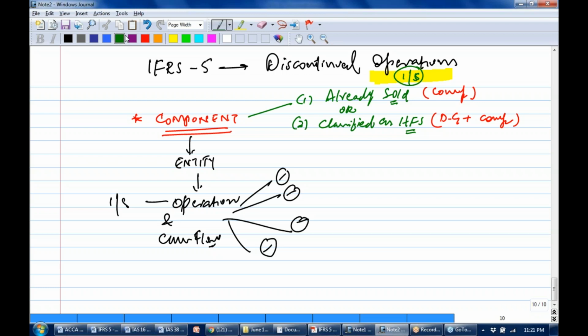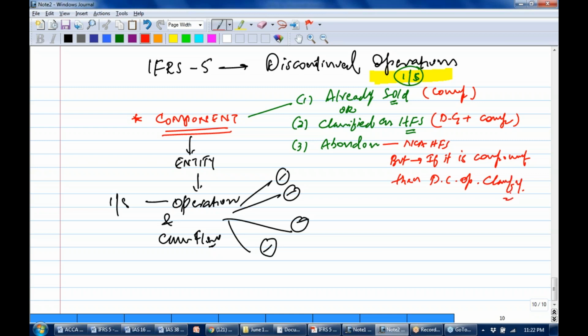And do remember one thing. In case of abandonment, it's not a non-current asset held for sale. But if it is a component, meaning as a disposal group its income statement and cash flows are separately available, then it is classified as discontinued operation.